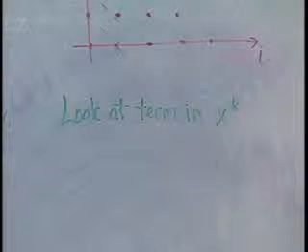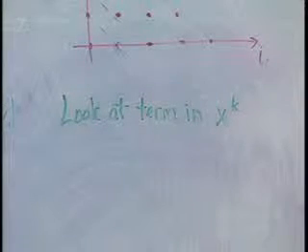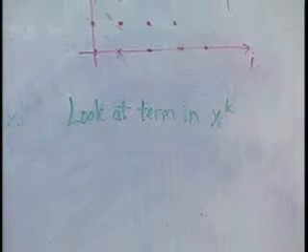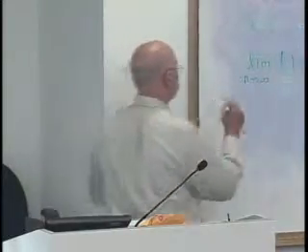I'm just going to say, in order to prove that this is equal to that infinite series I just wrote down, let's focus our attention on one specific term in the series, the one that has an x to the k in it. I'm going to convince you that in the limit as n approaches infinity, the coefficient of that term in this expansion is equal to the coefficient that was in my definition, and here's why.